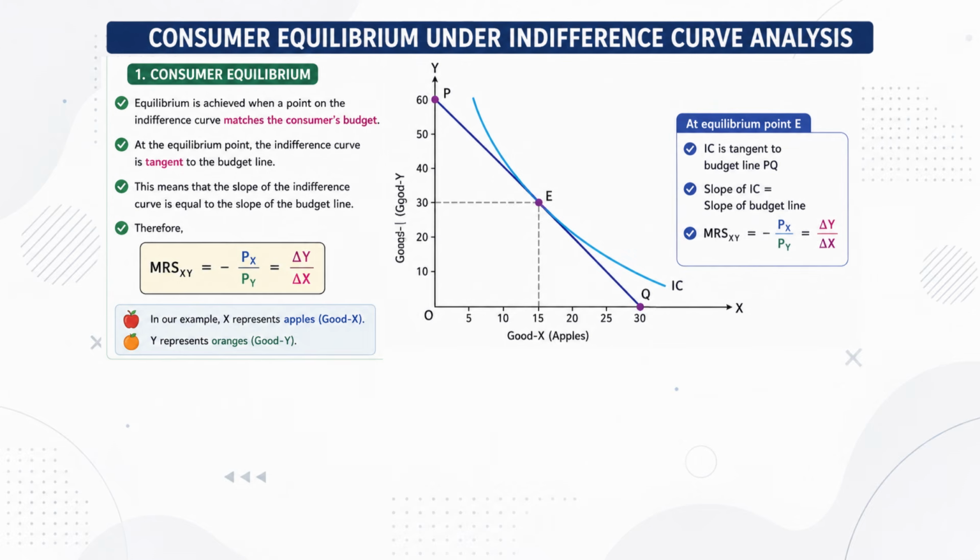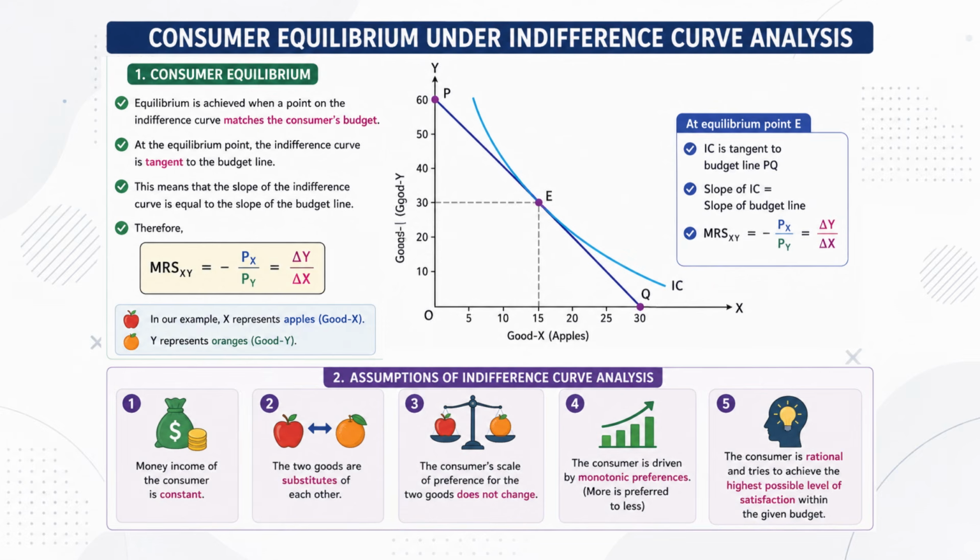Now, let us look at the assumptions of indifference curve analysis. First, the money income of the consumer remains constant. Second, the two goods are substitutes for each other. Third, the consumer's scale of preference for the two goods does not change. Fourth, the consumer is driven by monotonic preferences.